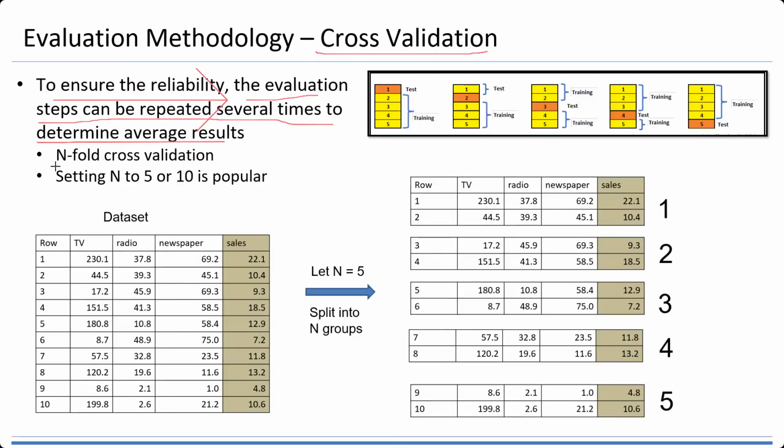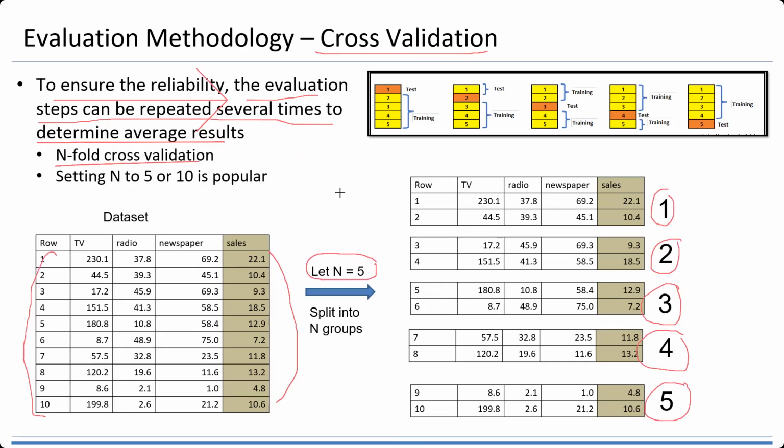So we have what we call as n-fold cross-validation. This n-fold cross-validation means if I set the n equals to 5, then I will split the data into 5 groups. So I have 10 rows, so I will split into 5 groups. The first group, second group, third group, fourth group, and fifth group.